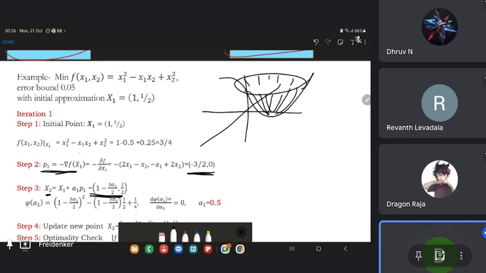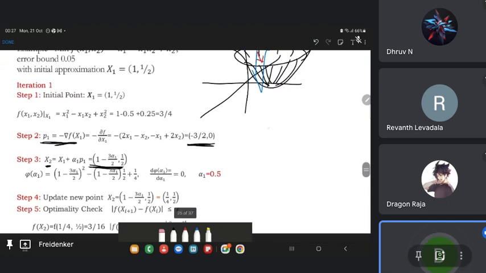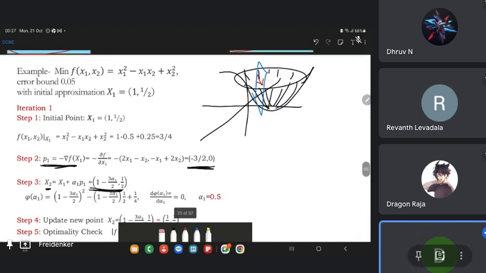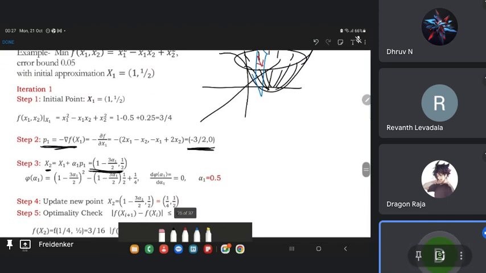I said p1 is a direction, so we are fixing a direction. So let's say you are here, this is the fixed direction. So my x2 will lie somewhere over here. If your imagination is nice, that is how it will look. I think there is a slide about this, maybe later it will be there.